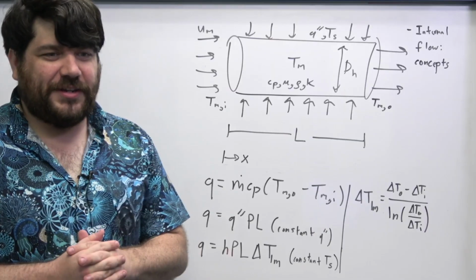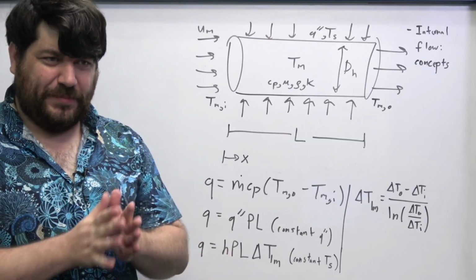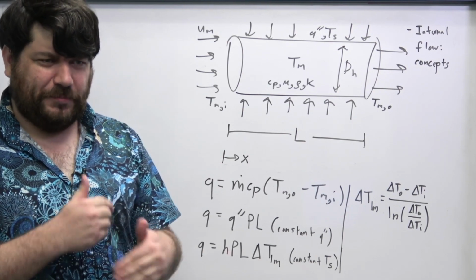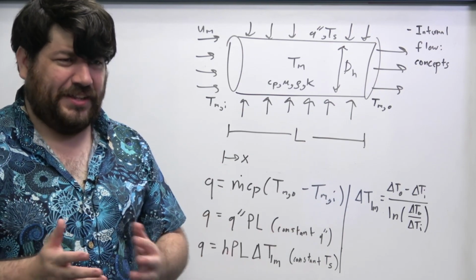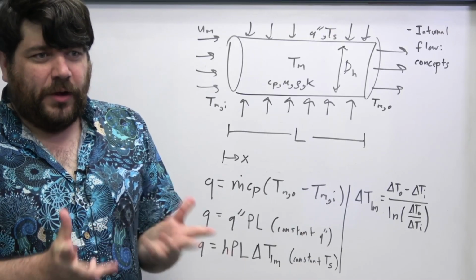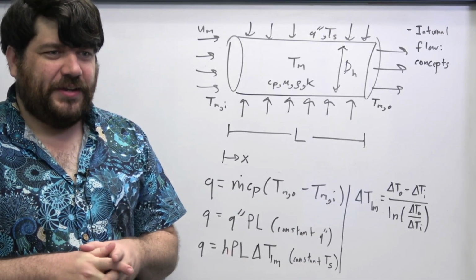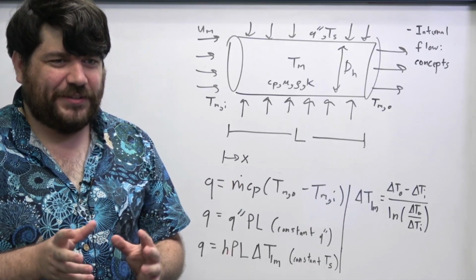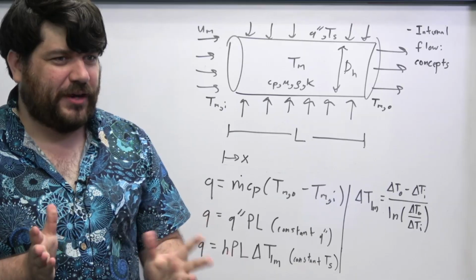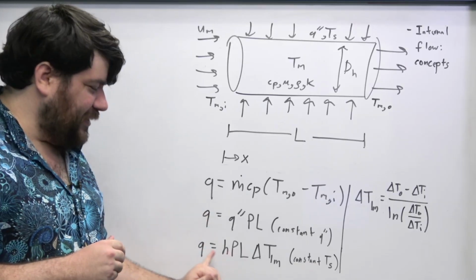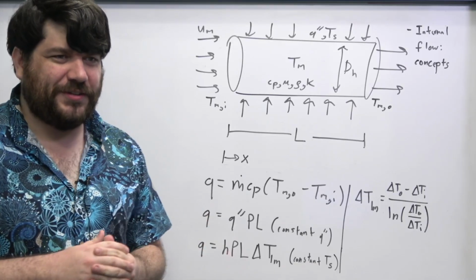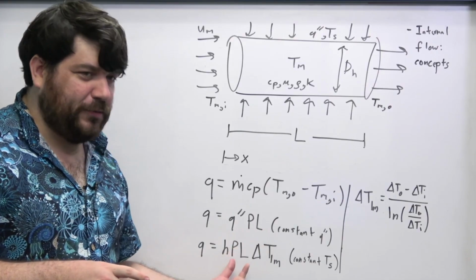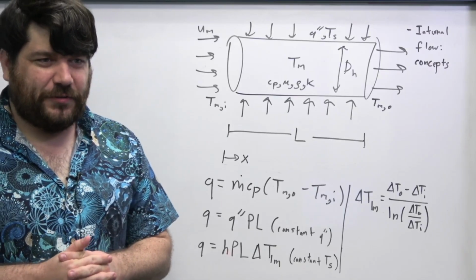However, when we're considering the constant surface temperature case, it turns out that because that temperature profile is exponential, because it's not this nice linear thing, the right way to state it is by using the same conceptual description that we had come up with before when describing convective heat transfer: the idea that the heat transfer rate is proportional to a heat transfer coefficient multiplied by a surface area, the same surface area over which the heat transfer takes place.